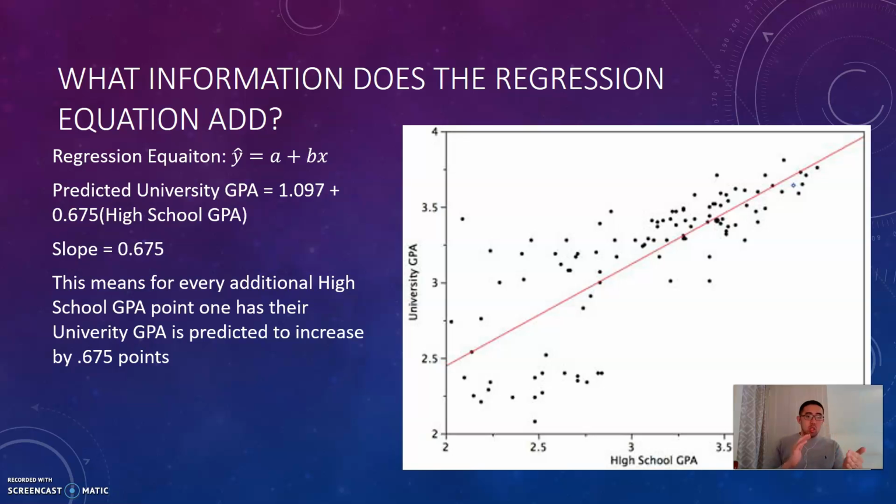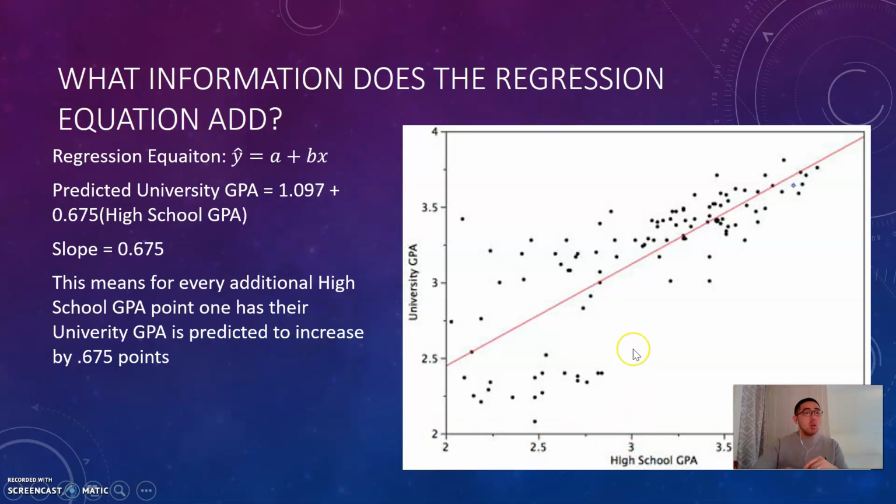Now, what does my slope tell me? My slope tells me that for every additional high school GPA point, the university GPA is predicted to increase by 0.675 points. So for every one increase in my high school GPA, the university GPA is predicted to increase by 0.675.